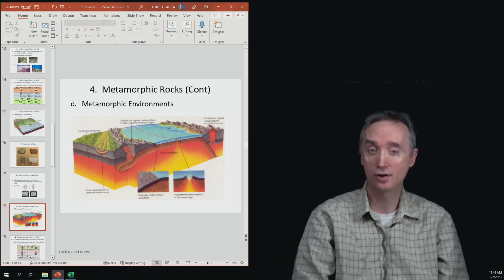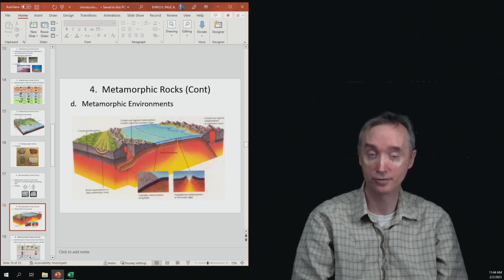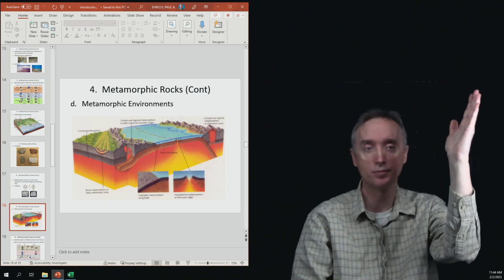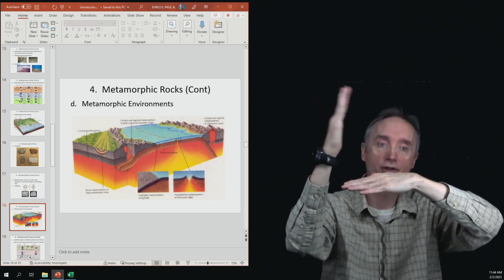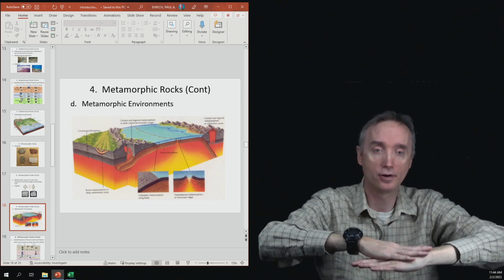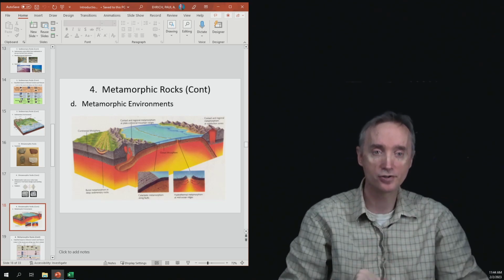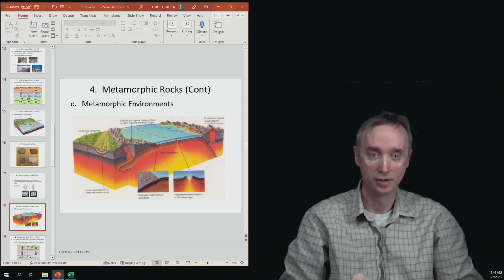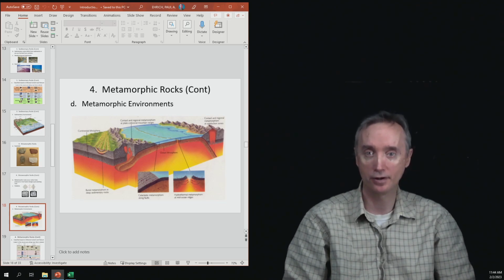But you could also have extreme pressure just by burial. We mentioned a swamp, where something falls down and then another tree falls on top of it. As it gets buried further and further underground, the pressure increases on it. So you can have pressure caused by burial.